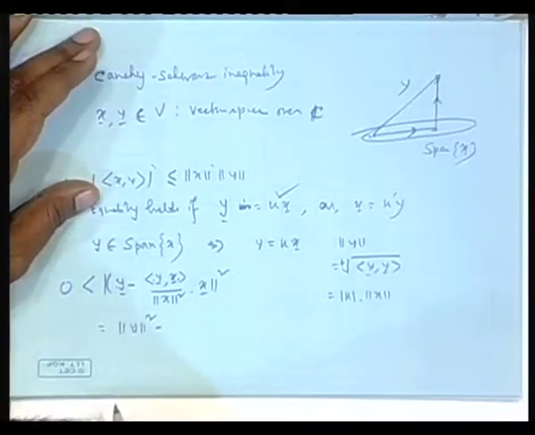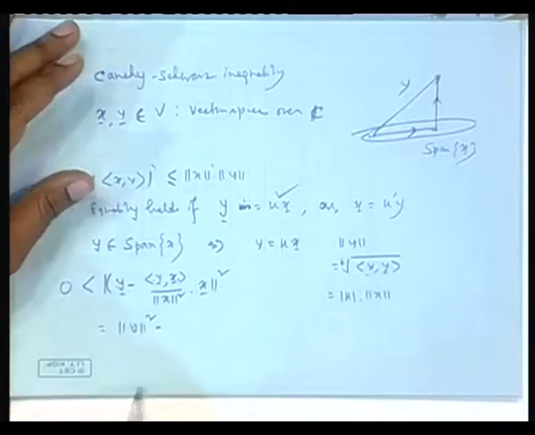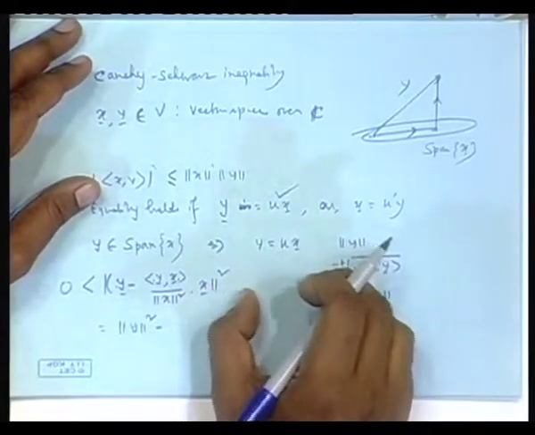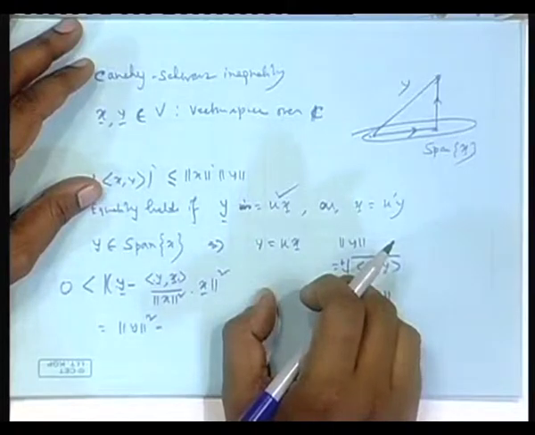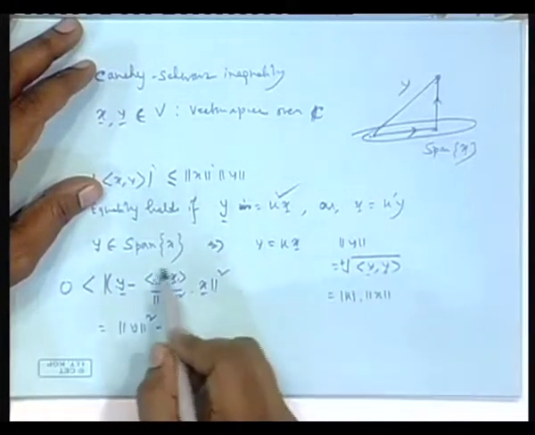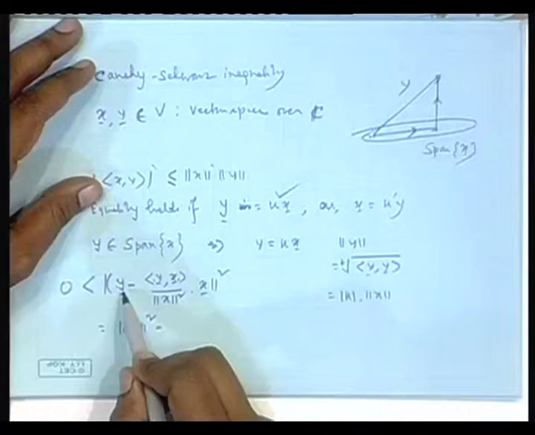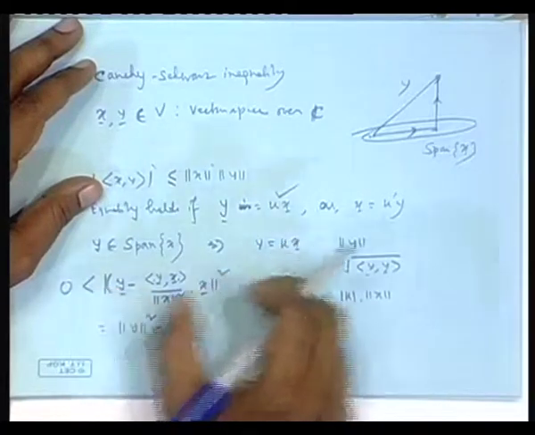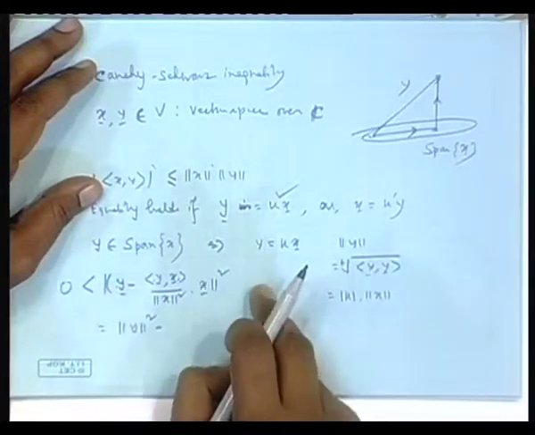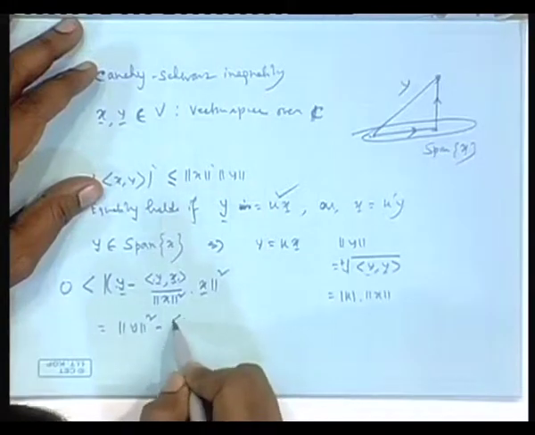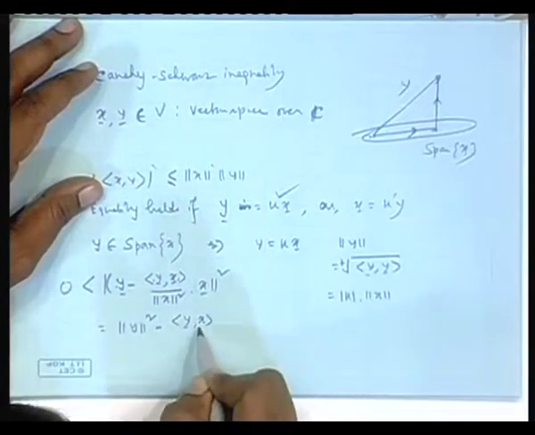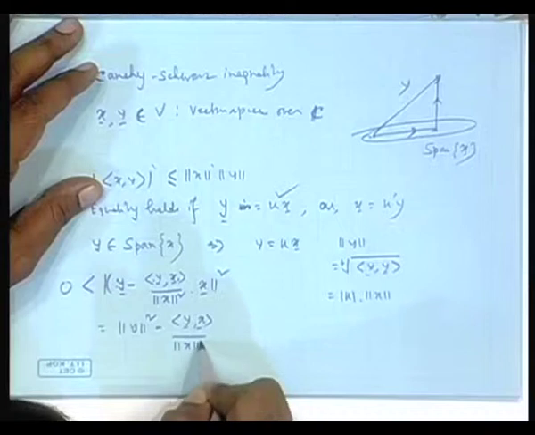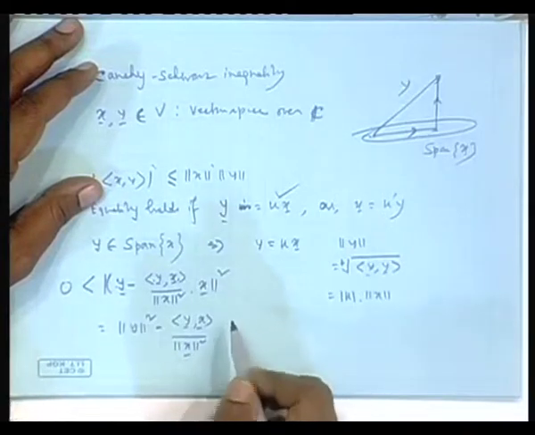Then, again putting a comma and repeating the same thing, this term will come out: x with y, this with itself now. So this is the second term into the first term, x with y.